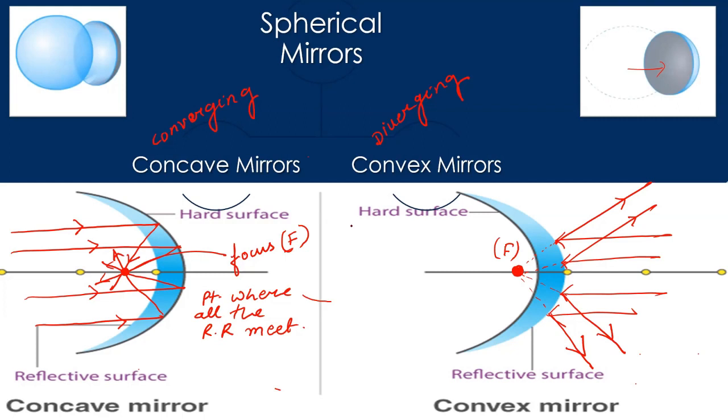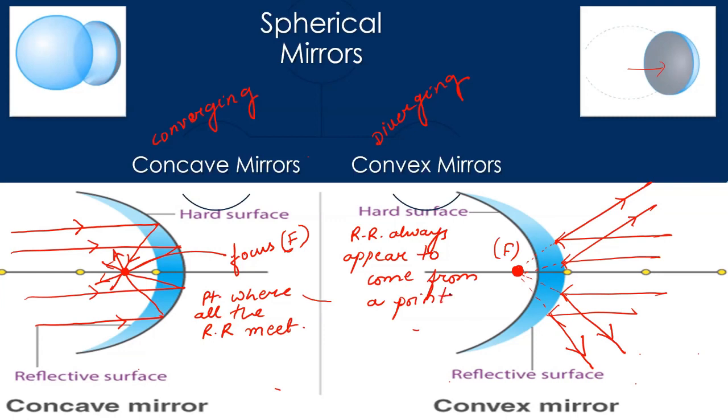Okay, so reflected or diverged light rays always appear to come from a point.